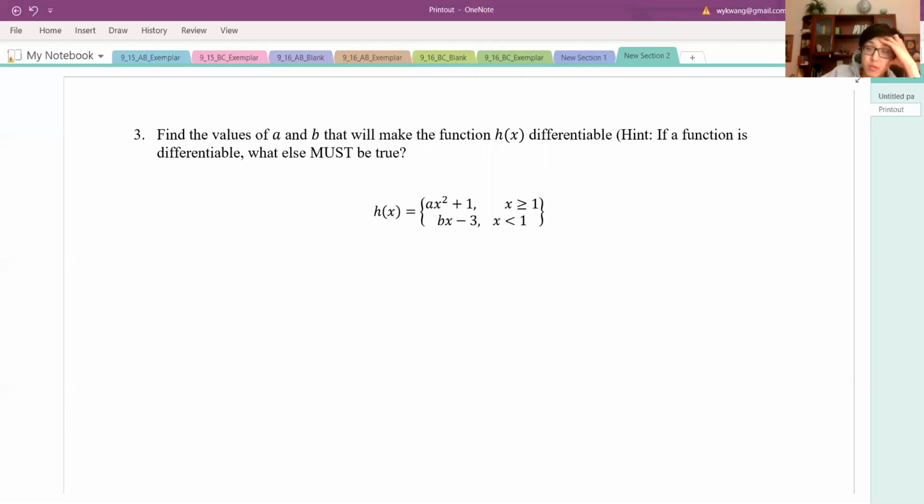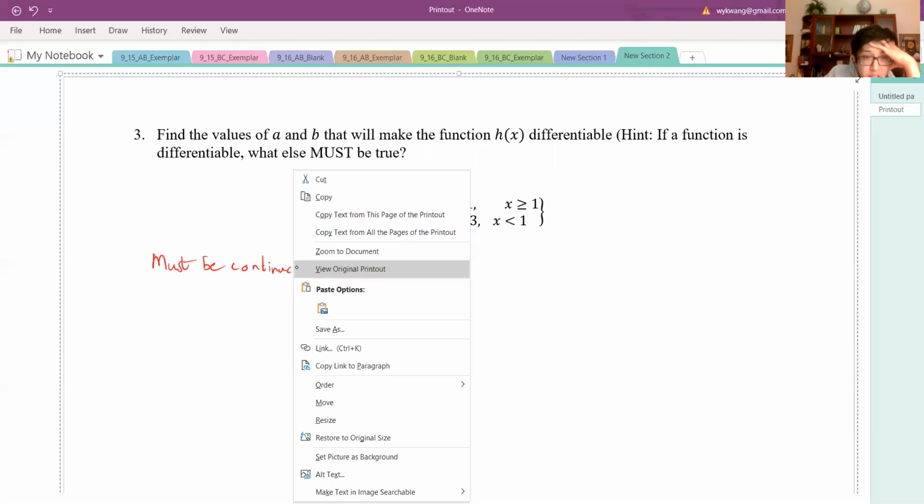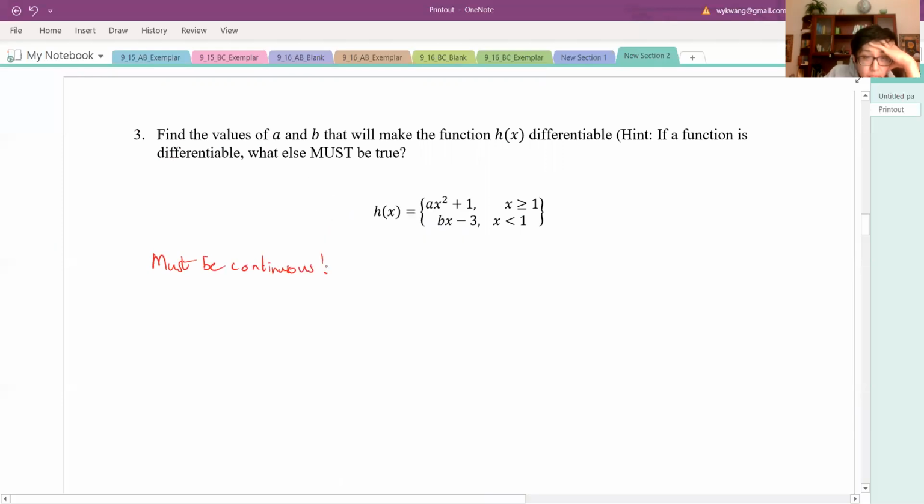If a function is differentiable, what else must be true? Well, it must be continuous. Well, if a function must be continuous, what is our definition of that? The limit as x approaches a, in this case for h of x, must equal h of a.